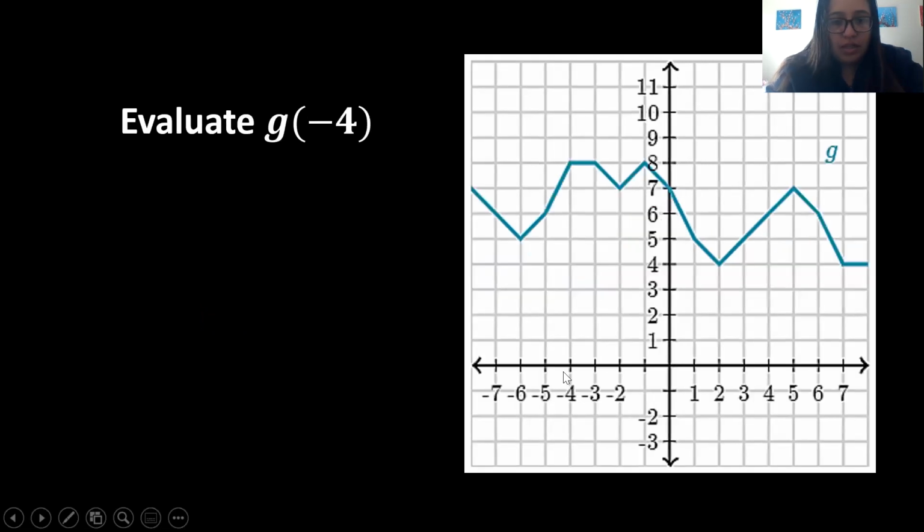Okay, next question. G of -4. What is the value for G of -4? Okay, I'd love to hear from Brandon S. Brandon, what do you think is the value for G of -4?